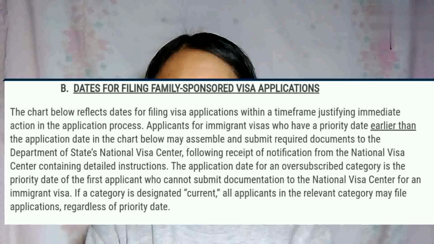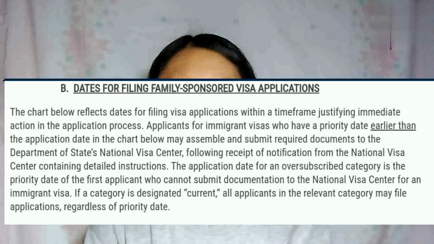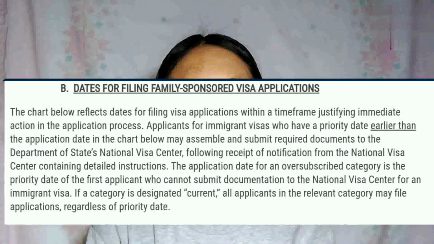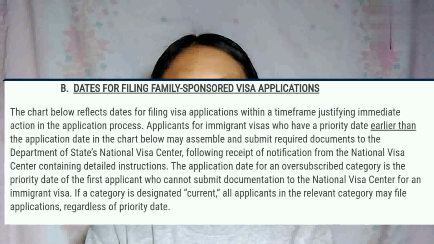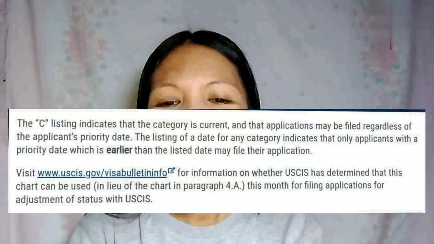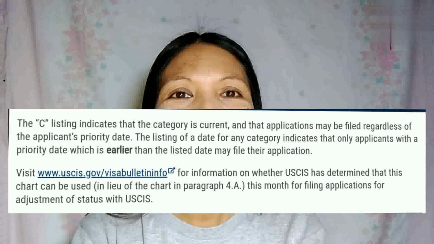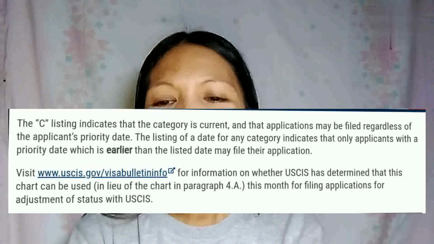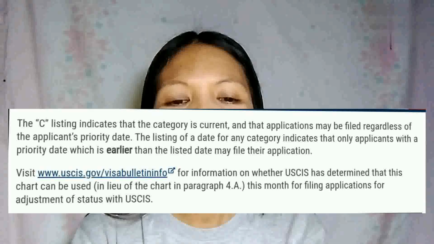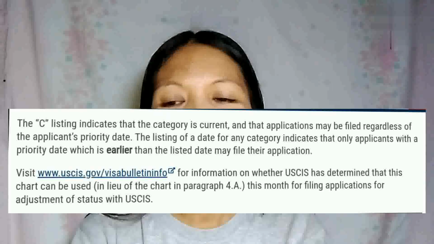If a category is designated current, all applicants in the relevant category may file applications regardless of priority date. The C listing indicates that the category is current and that applications may be filed regardless of the applicant's priority date.